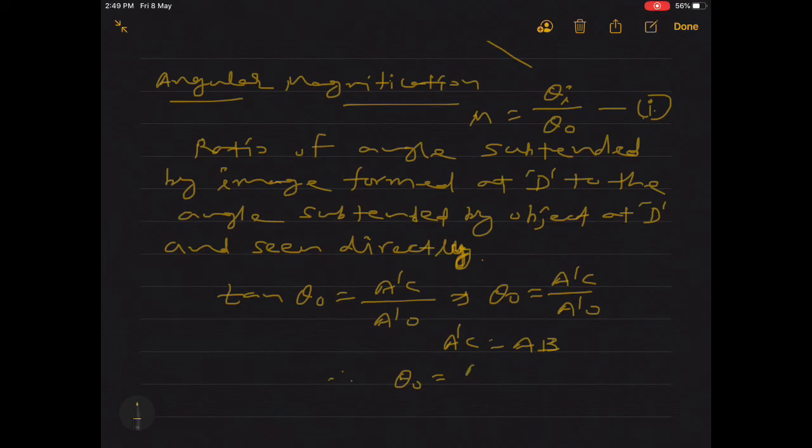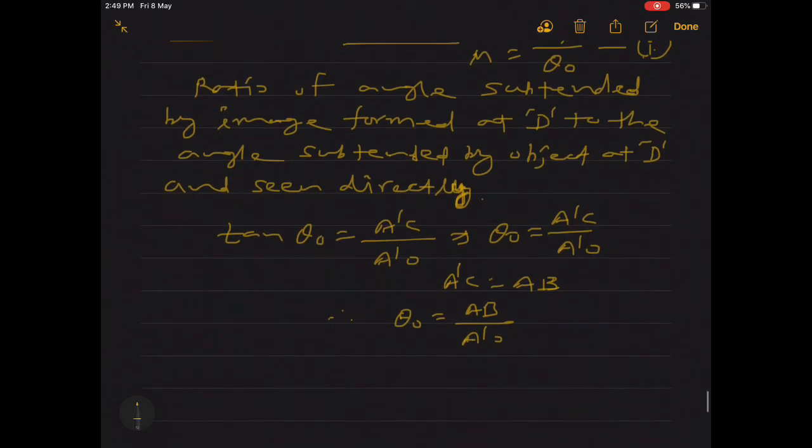Therefore, theta O is equal to AB upon A dash O. Similarly, we can have tan theta I also.